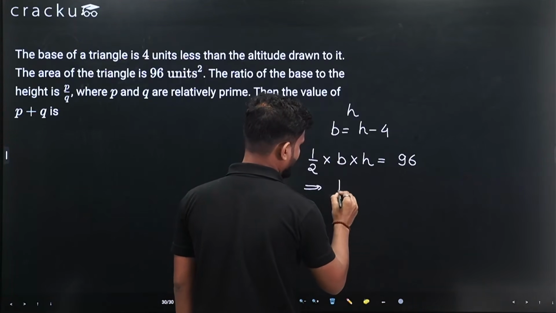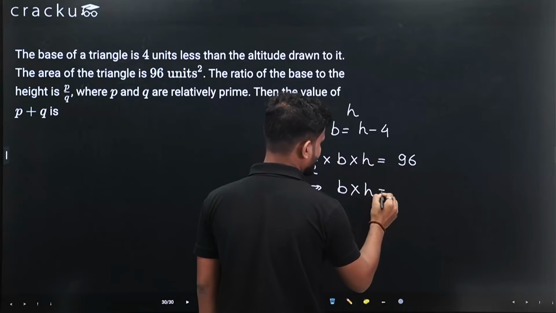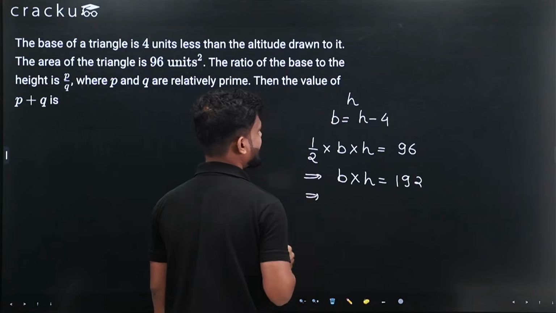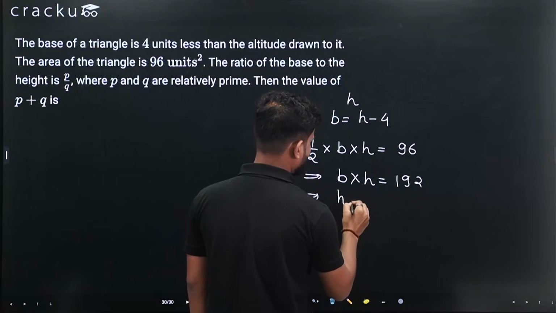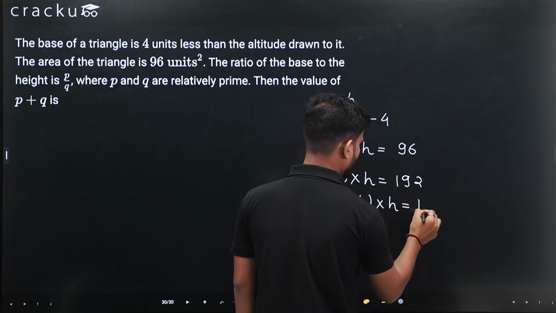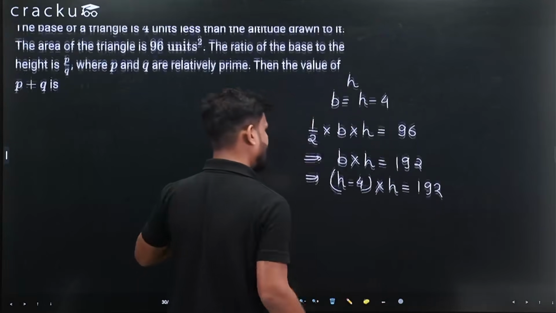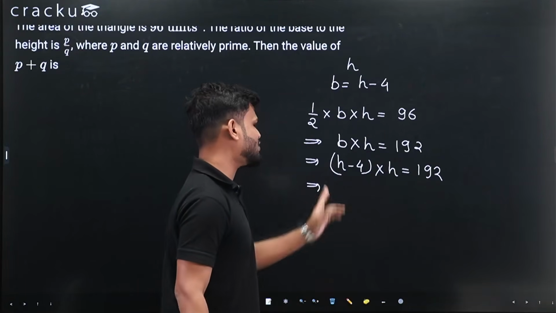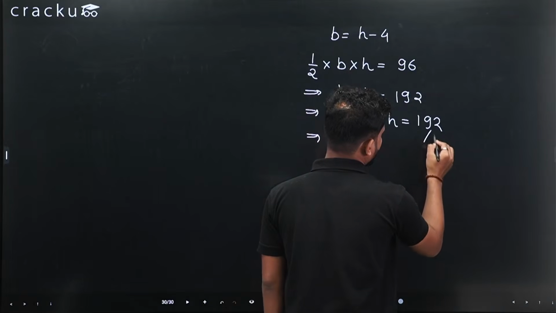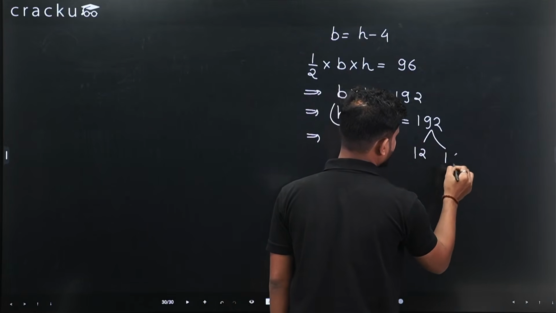From here I can write base into height is 96 into 2, 192. So base h minus 4 into h is equal to 192. Correct? Can I write 192 as 12 into 16?